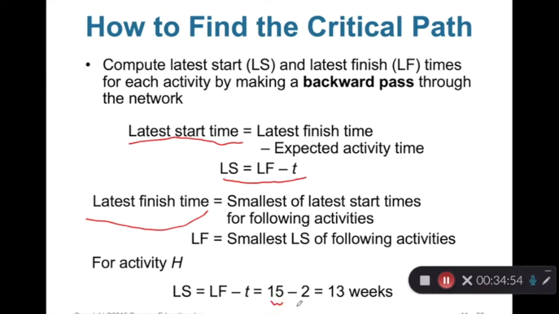Because H is the last activity, once H is done, the entire project is done. This is why the EF for H must be equal to LF for H. The latest finish time and earliest finish time must be equal.